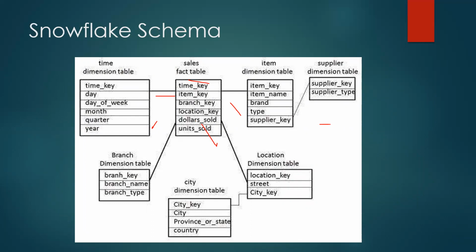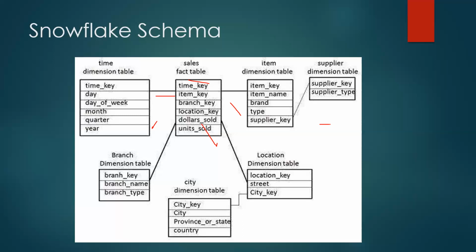The extra part is that the tables in snowflake are normalized, like your operational database or OLTP structure. When you normalize, you might end up creating multiple tables, and then your table can extend to another table. So normalization splits the data into additional tables.